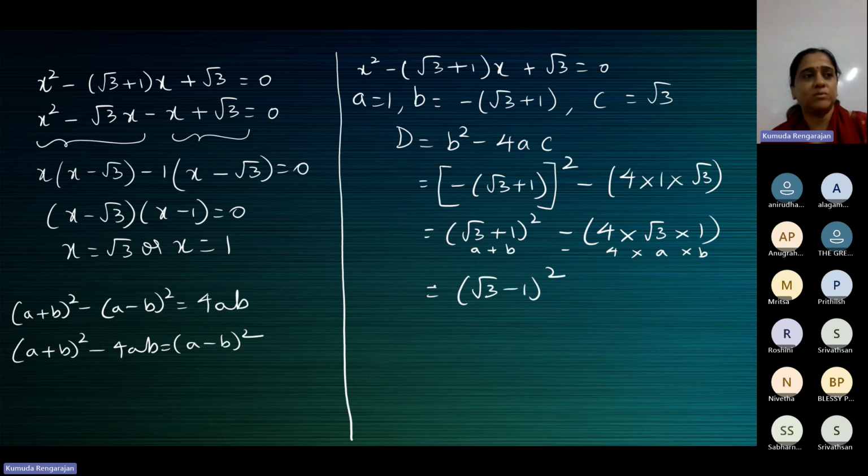That will give you a minus b the whole square. But if we add 3 and 1, we get 4 minus 2 root 3, and then you cannot find the roots. So a plus b the whole squared minus 4ab is a minus b the whole square. Agree, all of you?